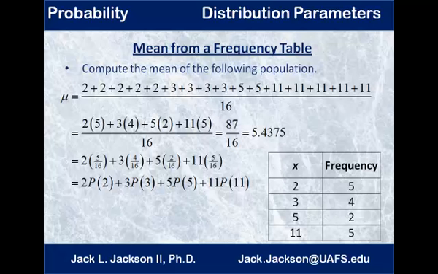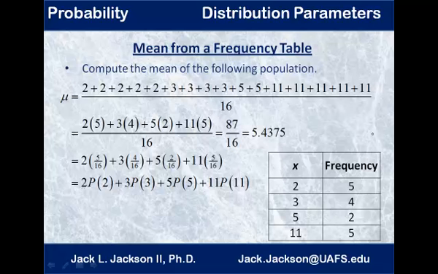So one way we could find the mean is to take each data value times its probability, the probability of choosing that particular data value at random out of all of the data values. So we're taking each value of x times the probability.